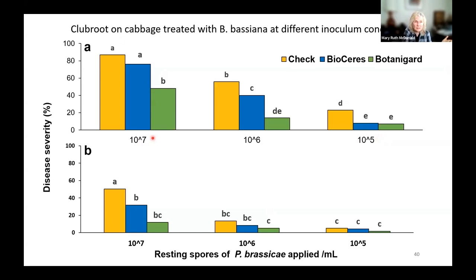So with high disease, we did find a significant reduction, especially with Botanigard. Similarly, moderate, this is reduction with Bioseries, but a bigger reduction with Botanigard. And then under low pressure, both of them reduce disease. In our second repetition of the trial, we didn't start with as much disease, so we didn't see quite the same significant differences.